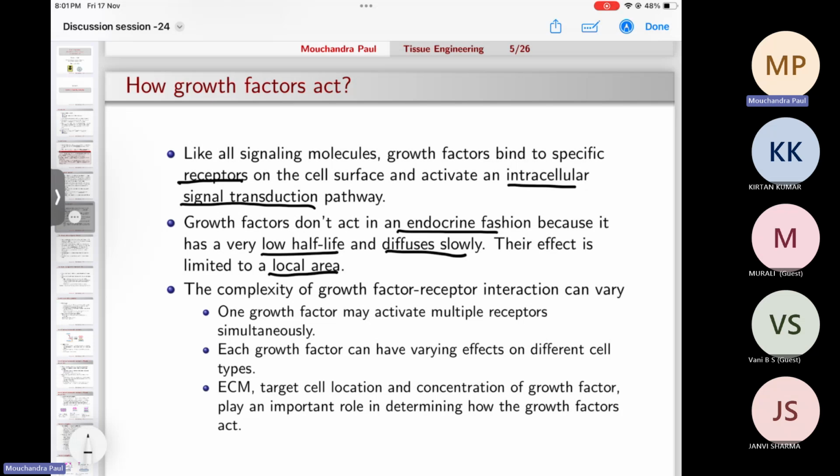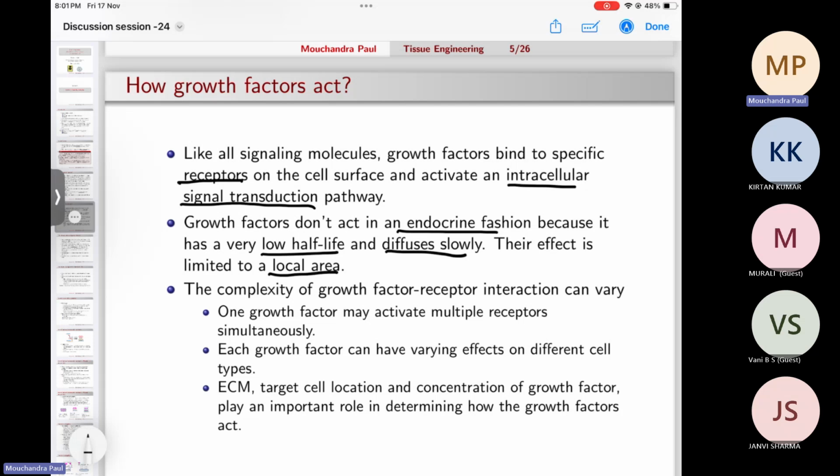What can we understand from this? If we are thinking about delivering some kind of growth factor, we have to make sure we deliver it at the target location, and don't deliver it too far from the target site. If we deliver it further away, its effect will reduce.